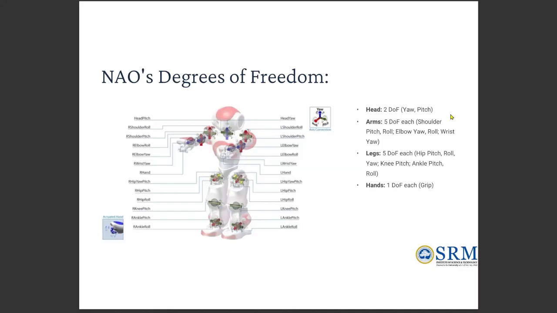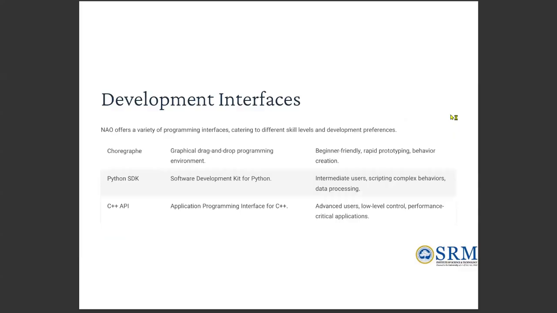Okay, so there are three widely used development approaches or development interfaces. One is Choregraphe, which I'll be showing soon. It's a graphical drag and drop environment. It's like graphical programming, basically. Some of you might have done it in school. I mean, not for Choregraphe, but graphical programming, where you add boxes and connect those boxes in a sequence.